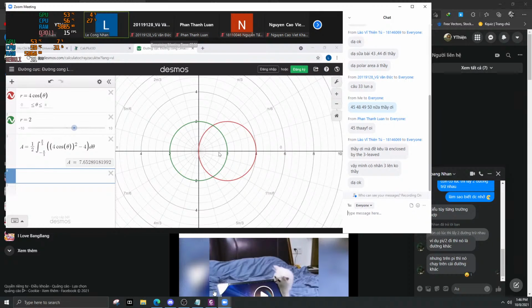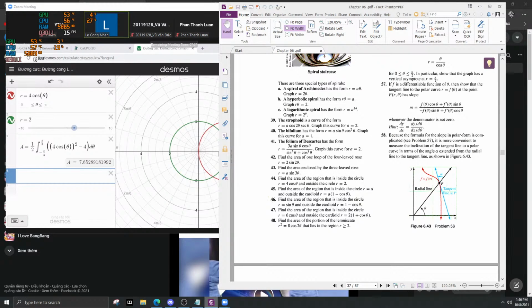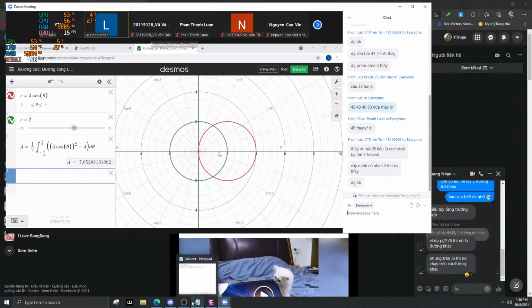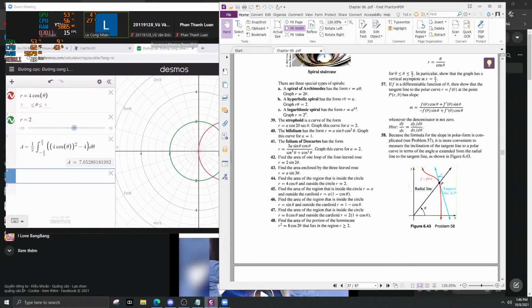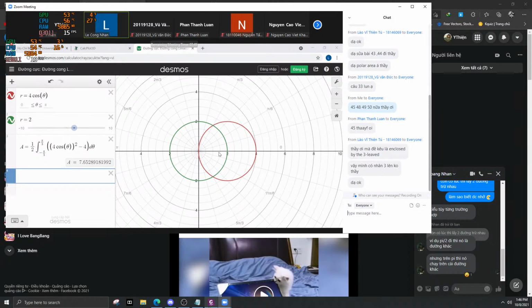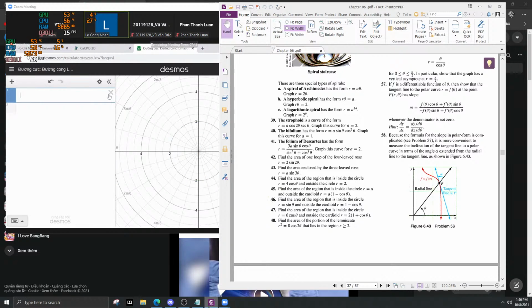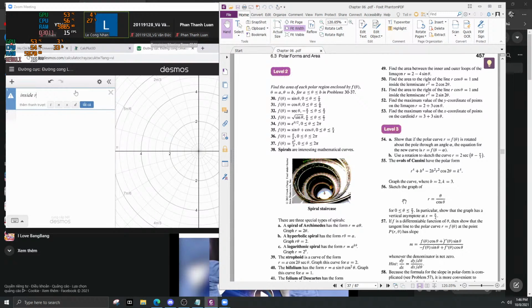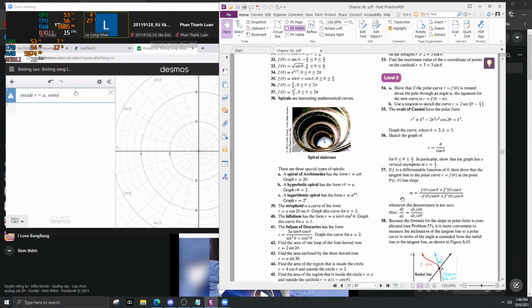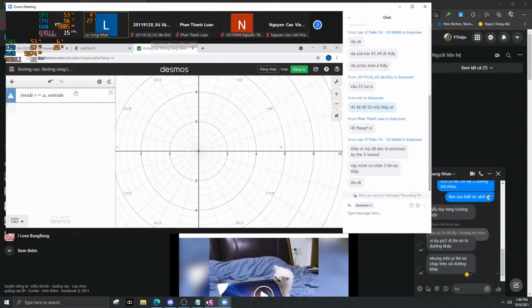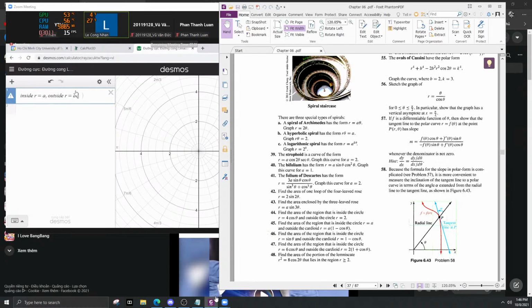In the problem 45, find the area of the region that lies inside the circle r equals a and outside the cardioid r equals a times 1 minus the cosine of theta.